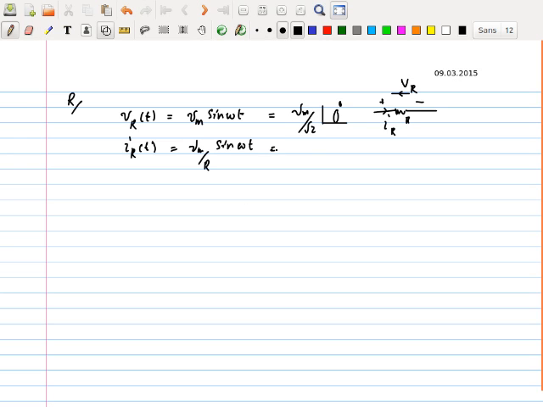So over here it is Vm over root 2, which is the RMS of the peak value Vm, and again the angle is equal to 0, and now I can plot the phasor diagram, voltages and currents and so on.